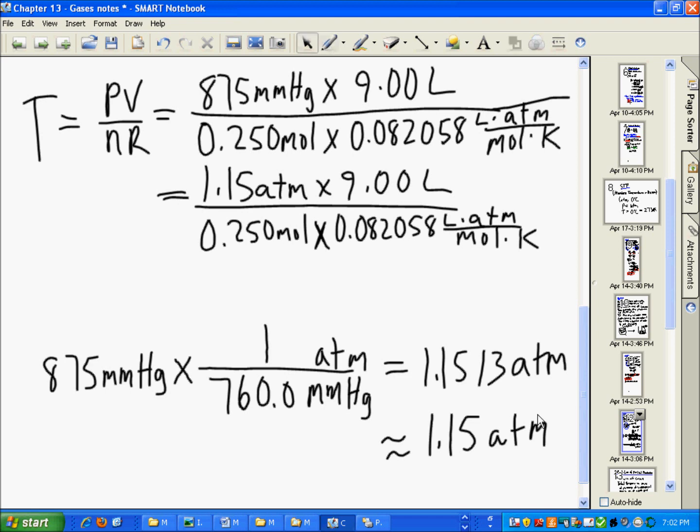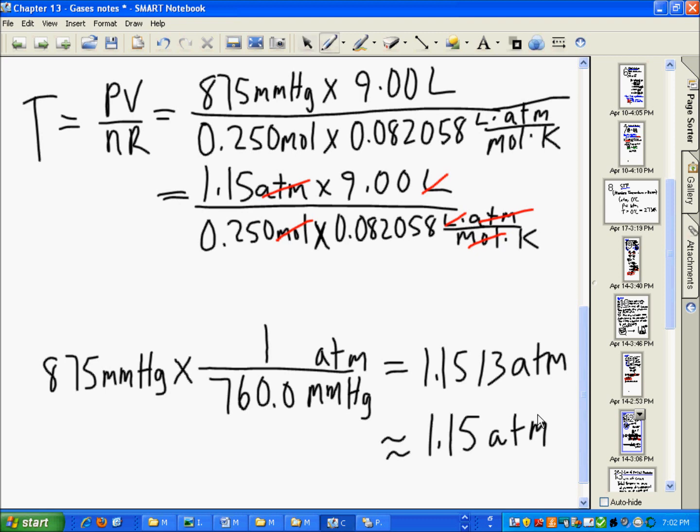And checking our units, atmospheres cancel, liters cancel, moles cancel, and what we're left with is kelvins, and the kelvins are left in the denominator of a denominator, and if you have a unit in the denominator of a denominator, it bounces back up to the numerator.